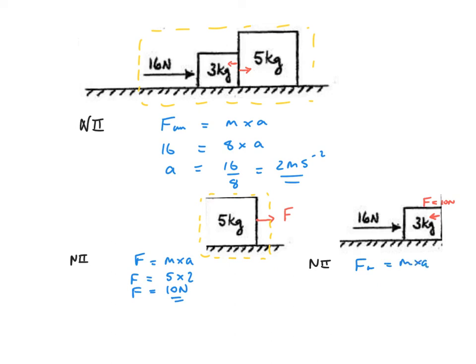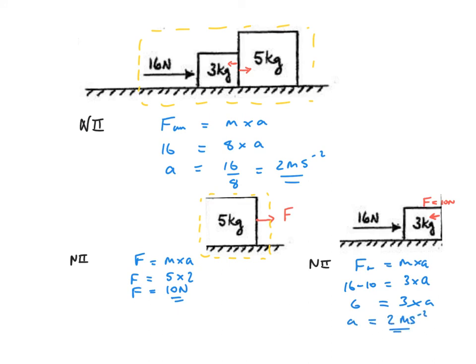So if we were trying to just show that we get the same acceleration from what we can see happening to the 3 kilo block, we've got an unbalanced force of 16 take away 10 is equal to the mass, 3 kilograms, times the acceleration. We know the acceleration is 2 meters per second squared, but we can just show that here. So that's 6 newtons for the unbalanced force, and you can see that that will then give us an acceleration of 2 meters per second squared.